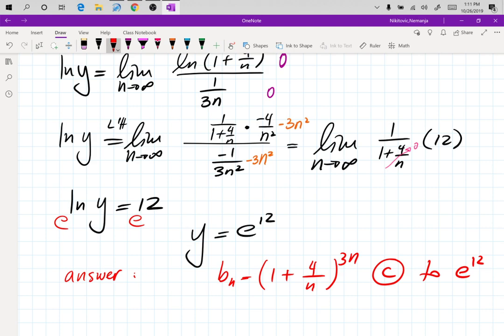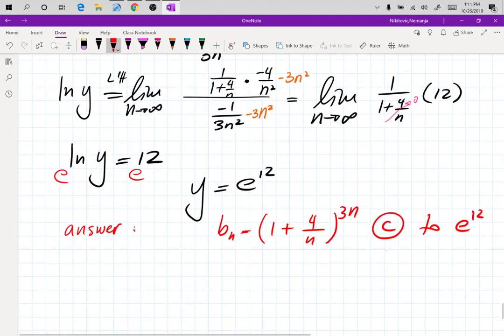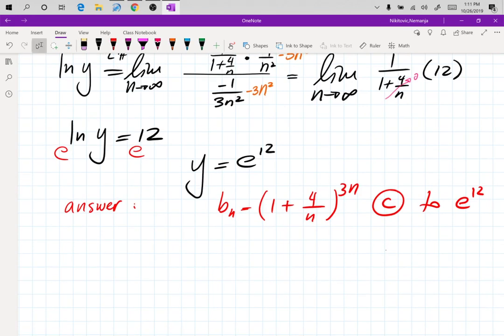Now, if you like formulas, why do I know this? Because I use it every semester for the last 12 years, right? So obviously I'm going to know the two definitions. Let's go blue. So the limit as n goes to infinity of (1 plus 1 over n) to the n is e.